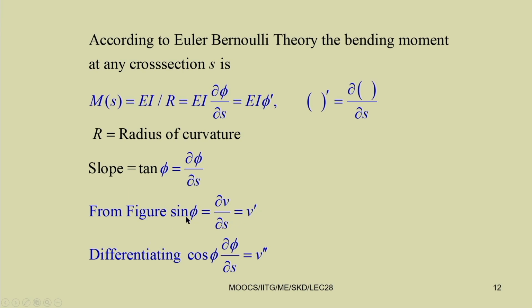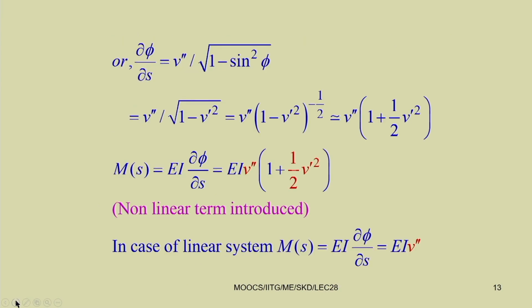So, differentiating this sin phi, we can write cos phi into del phi by del s will be equal to v double dash. So, that is tan phi equal to del phi by del s equal to v double dash by root over 1 minus sin square phi, since tan phi equal to sin phi by cos phi.